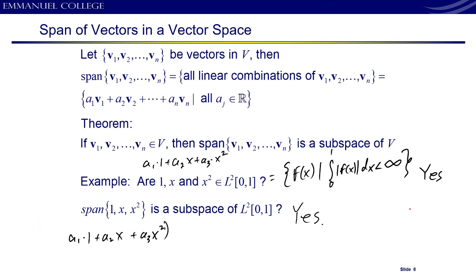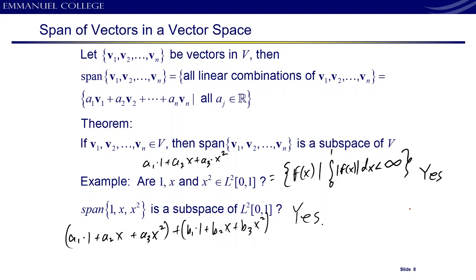And then if I added to it b1 times 1 plus b2 times x plus b3 times x squared, that's still going to give me some form of a constant times 1 plus a constant times x plus a constant times x squared. So adding those two things together will still get me something that's in the subspace.